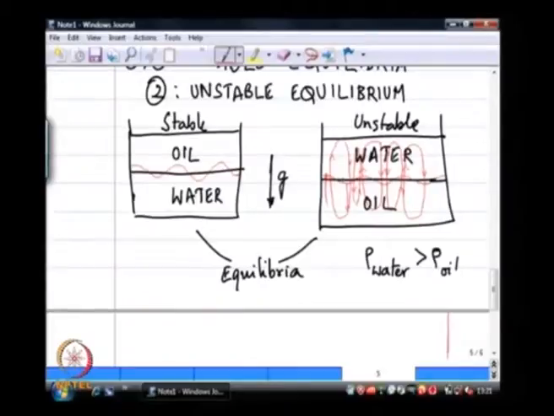As soon as I perturb the meniscus slightly, I will create these rolls. What I mean by a roll is a condition where the heavier fluid wants to come back down to the bottom of the trough and the lighter fluid wants to rise up, because that is the more favored equilibrium condition.